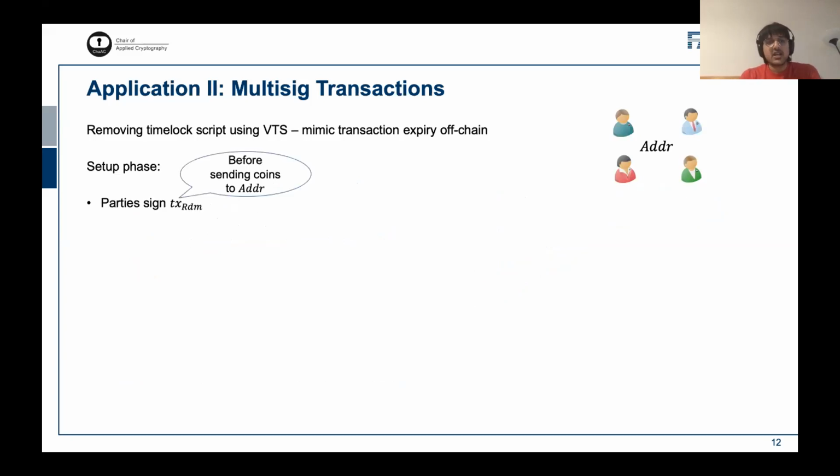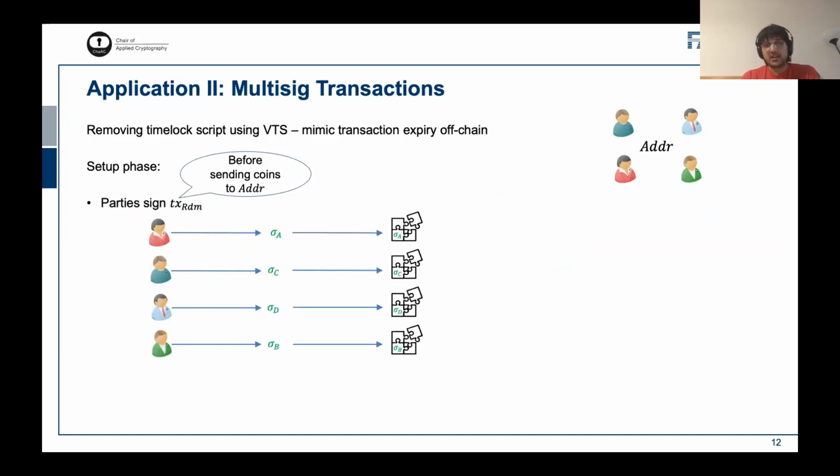So to do this, before the coins are sent to this address, what these parties do is they generate a redeem transaction that spends from this address back to the parties. And each party signs this redeem transaction and puts their respective signatures into a VTS. And notice that these VTS are set with hiding time T, right?